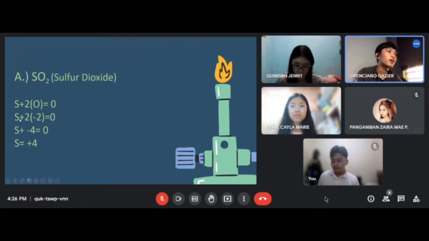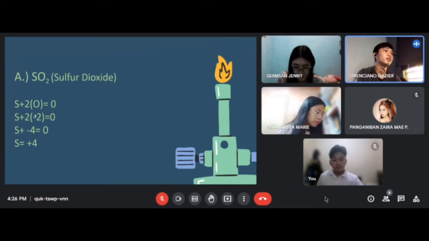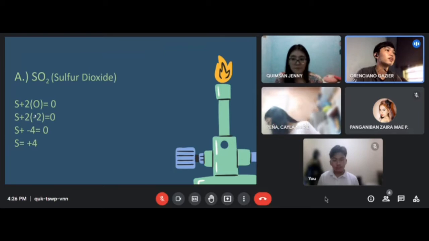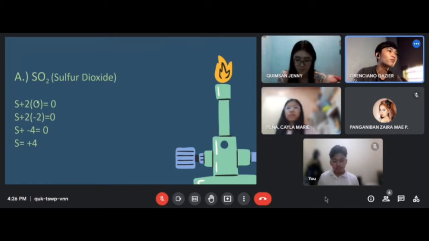Then, S plus 2 times negative 2 equals 0. It became negative 2 because the oxidation number or charge of oxygen is always negative 2. Then, S plus 2 times negative 2, which is negative 4, equals 0. Then, transpose, and it becomes positive 4.